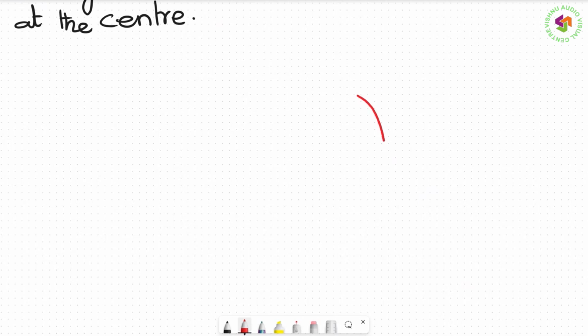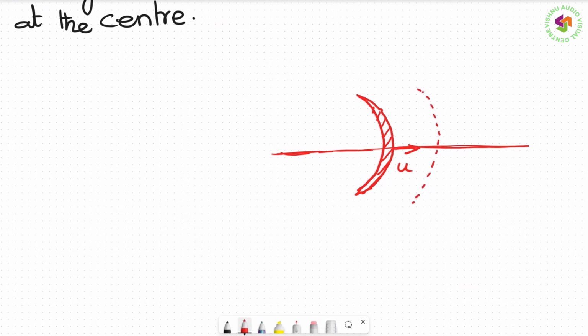Suppose this is the vane. Now this is the center line. This is the direction of jet also. Now as this is moving with a velocity u, after some time, this will be in this position.